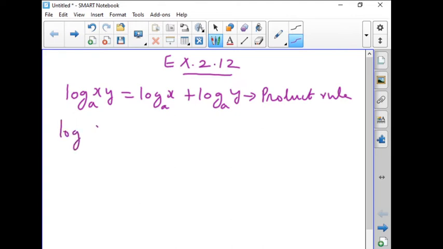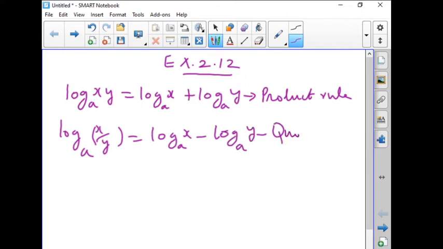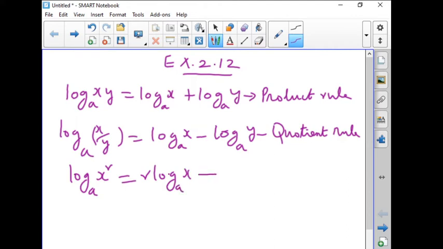Log x by y to the base a is equal to log x to the base a minus log y to the base a. This is called the quotient rule. Then what about the power rule? Log x power r to the base a is equal to r log x to the base a. So this is called the power rule.